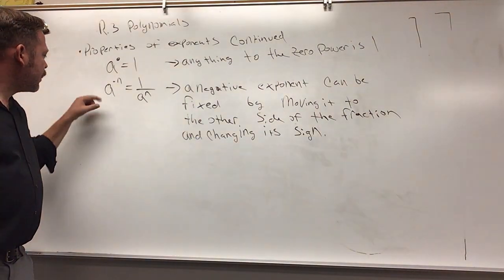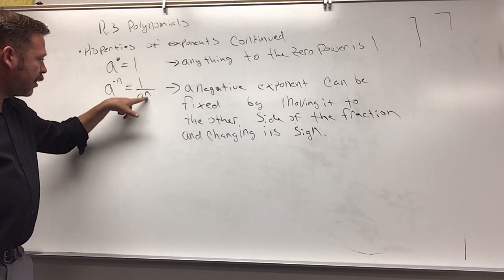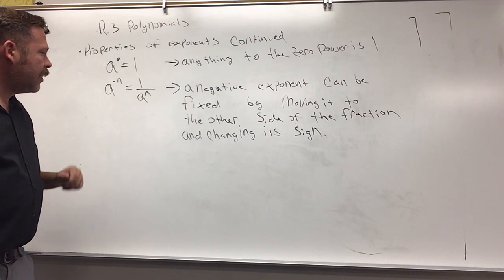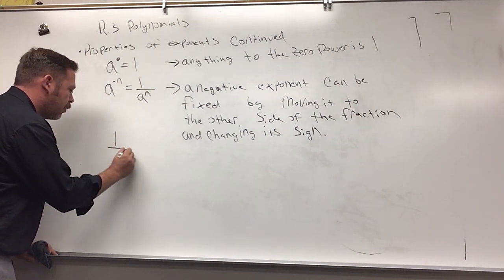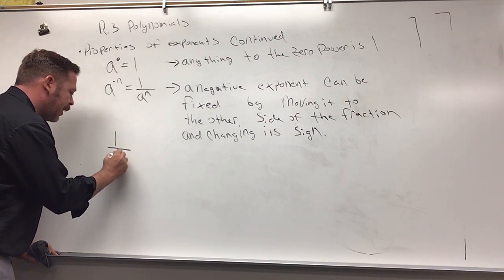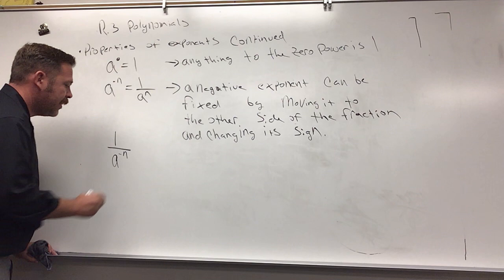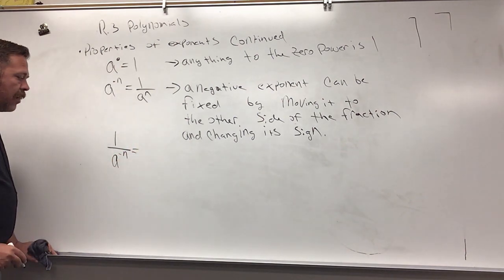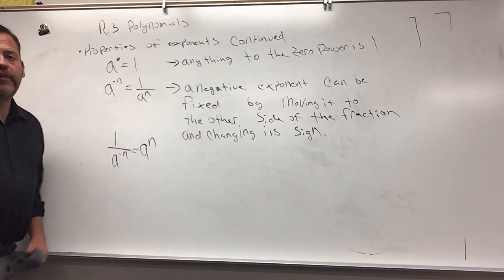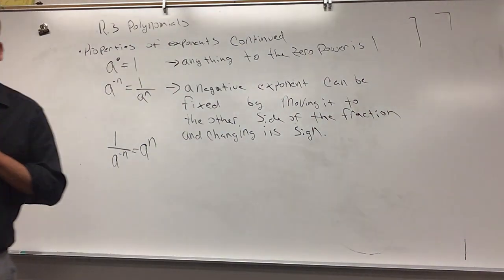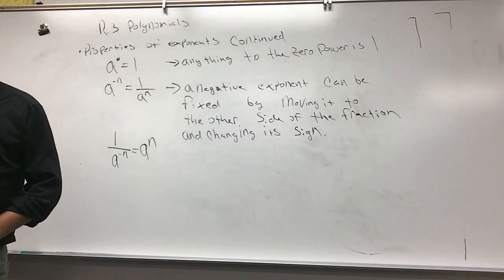So the way we would fix it is we take the a, so this is on the numerator, and I would put it in the denominator and change the sign of it. Similarly, if I had like 1 over a to the negative n, well, now it's in the denominator. If I want to fix that, I could move it up to the numerator, and then the exponent would be positive.